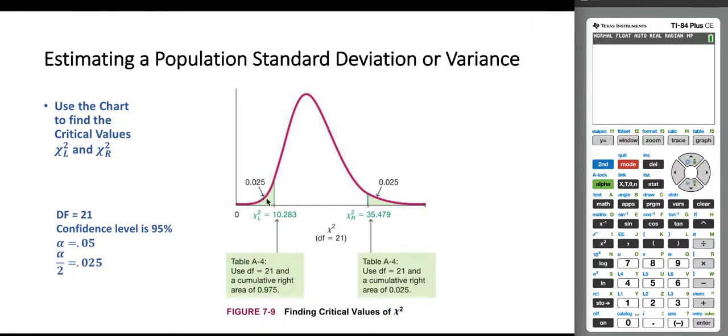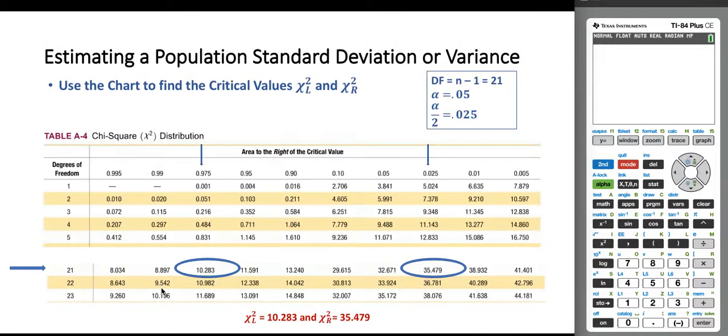So if this area shaded in green right here is 0.025, the area to the right of that is 0.975. So the column is 0.975. The row is 21, and that value is 10.283, and that's the critical value on the left.